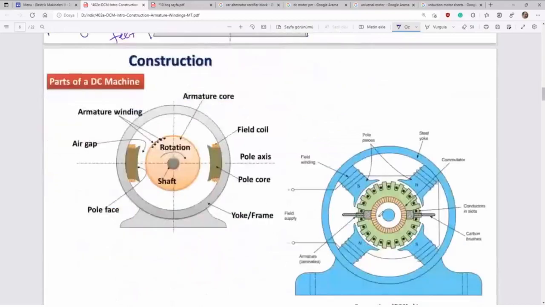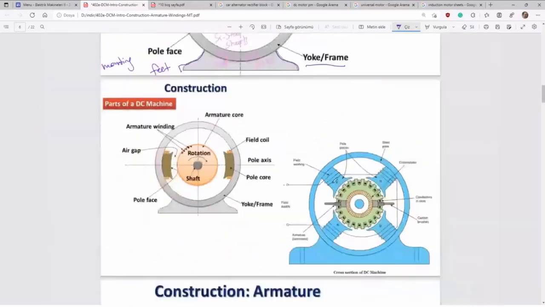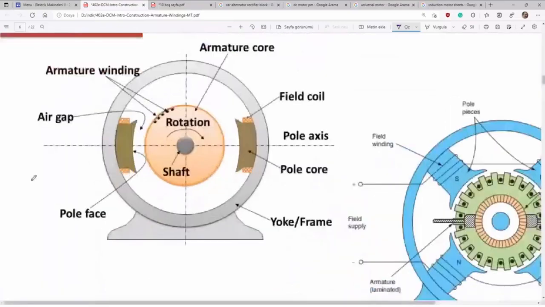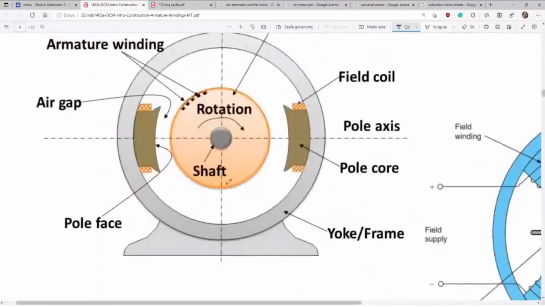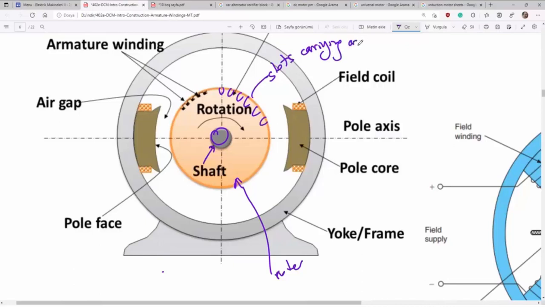Again, inside the stator you see a rotor, and then here's the shaft, you see. Here are some slotted construction. Slots carrying armature winding.